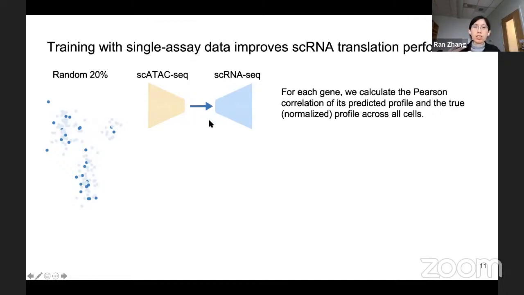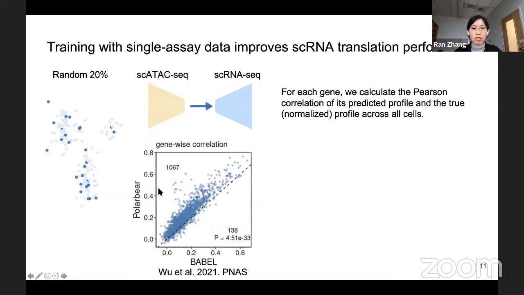Instead of calculating an overall Pearson correlation score between the predicted and the original profile, which is what most previous methods do, we argue that the evaluation metric can then be highly driven by the overall gene expression pattern, the average gene expression across all the cells. Here we really want to tease out the individual cell level differences. So for each gene, we calculate the Pearson correlation of its predicted profile and the true profile across all the cells.